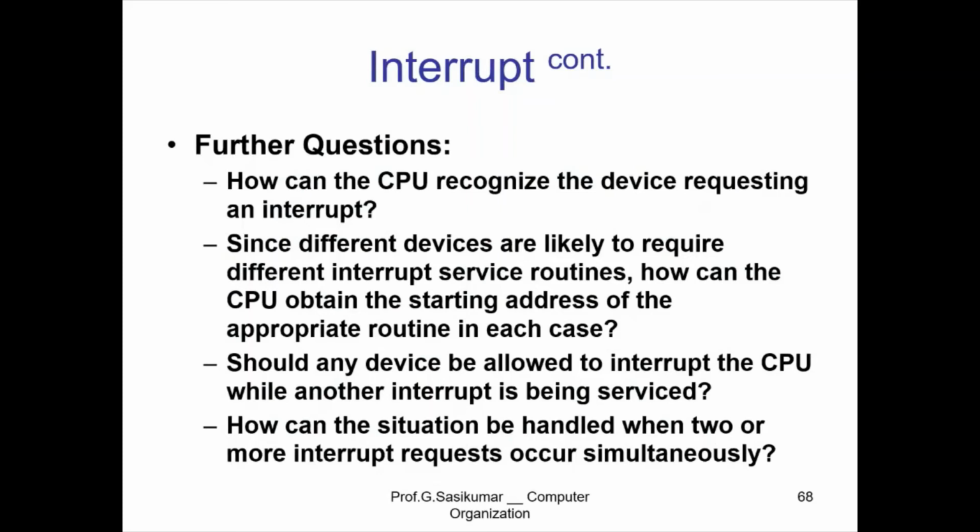And since different devices are likely to require different interrupt service routines, how can the CPU obtain the starting address of the appropriate routine in each case? It is based upon the interrupt enable request sent to the computer. We saw the example: at 255 the interrupt is registered, then 256 will obtain the starting address of the appropriate routine and it will start to execute the data.